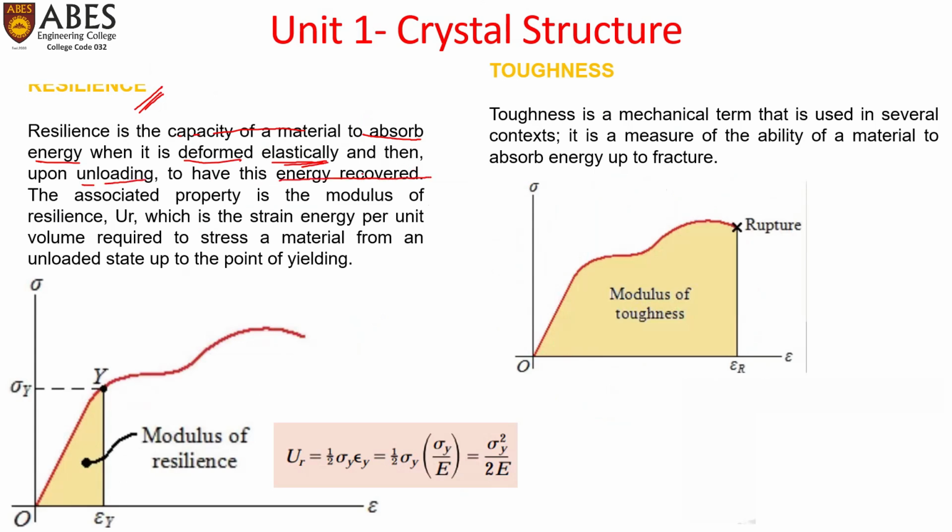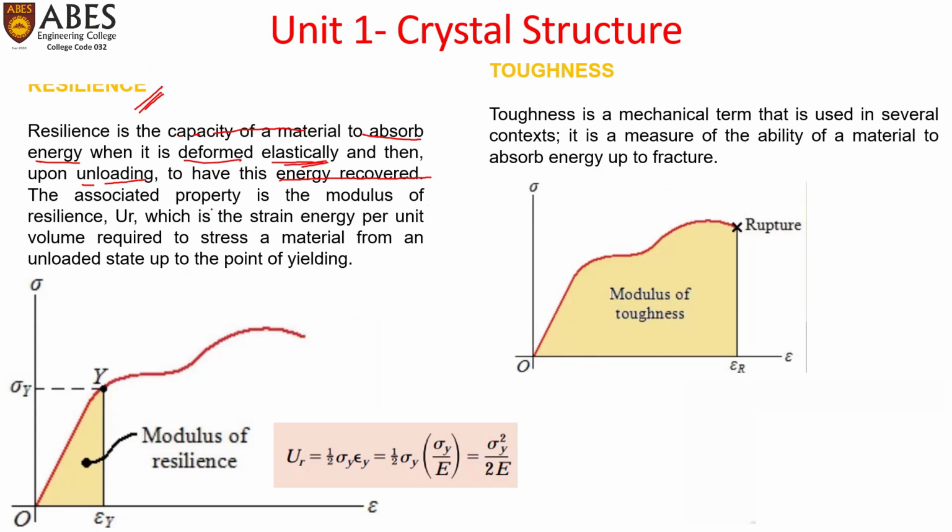So the material will be loaded up to the elastic limit only, not beyond, meaning no plastic deformation would happen. Only elastic deformation would be obtained, and upon unloading, the material will come back to its original shape, and all of the energy which was absorbed will be recovered.